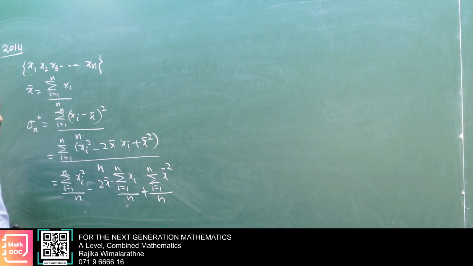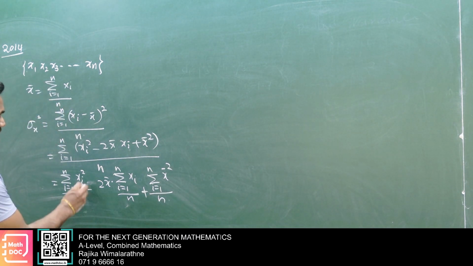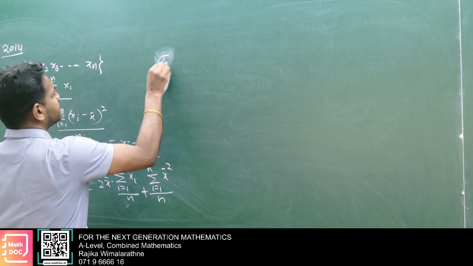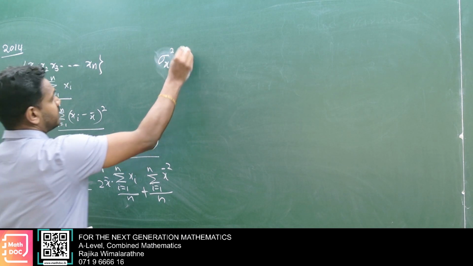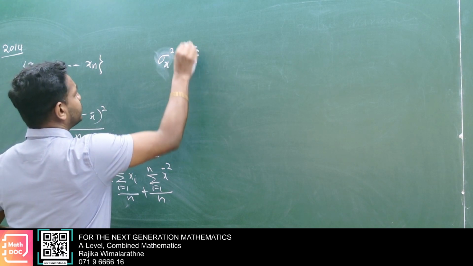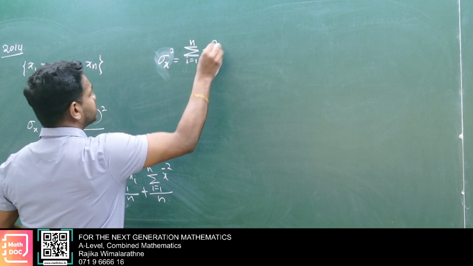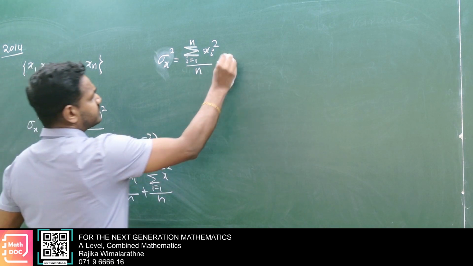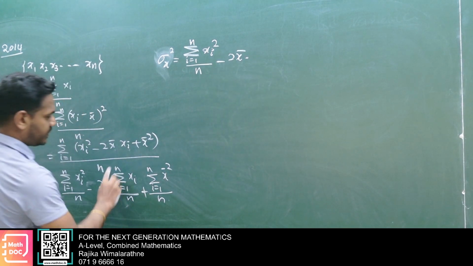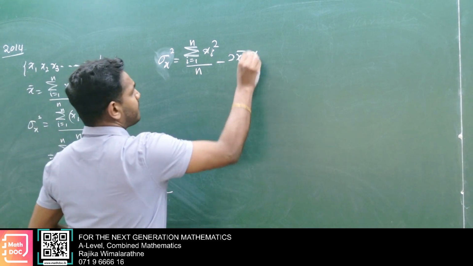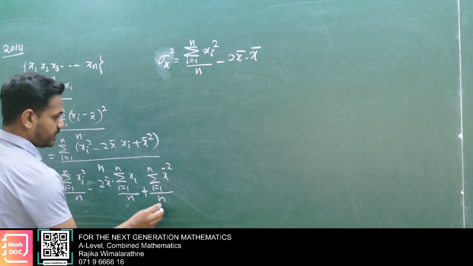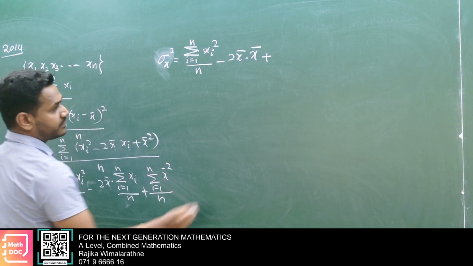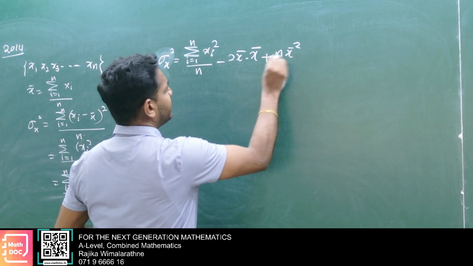This is it. Okay. Then here write sigma x squared equals sigma i equals 1 to n of xi squared divided by n, minus 2 x bar, and again this sum divided by n we call x bar, then plus x bar squared summed 1 to n, that means n x bar squared divided by n.